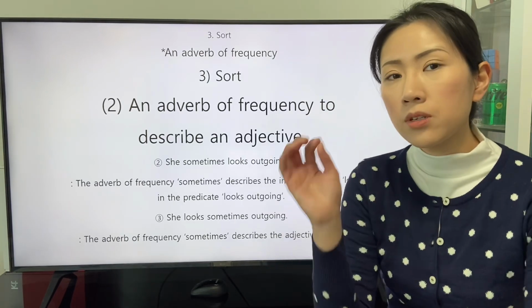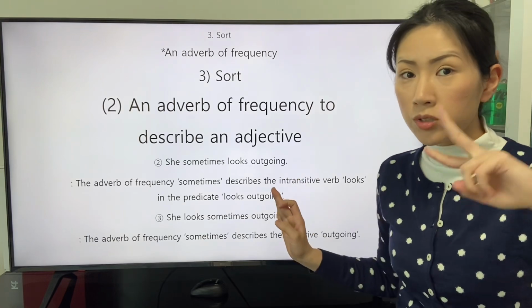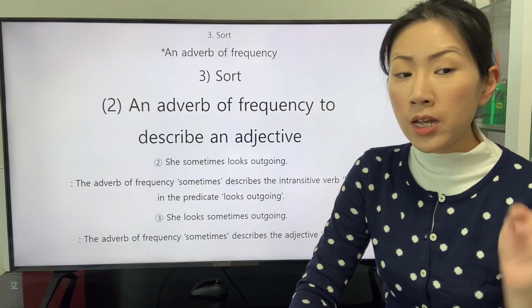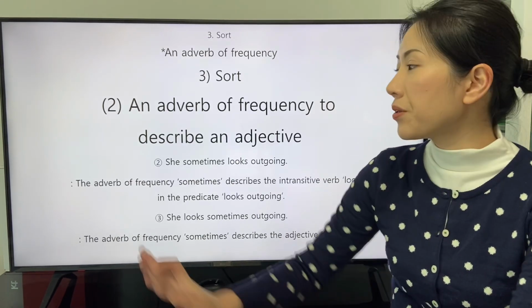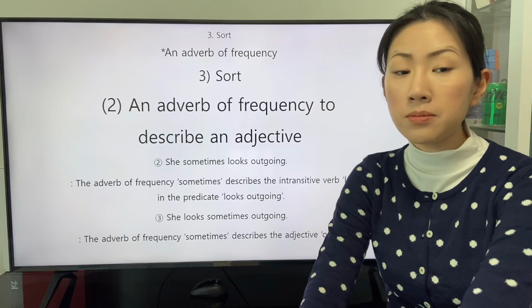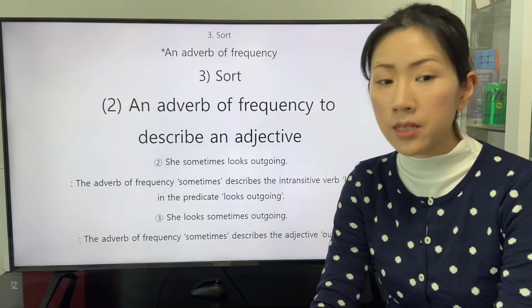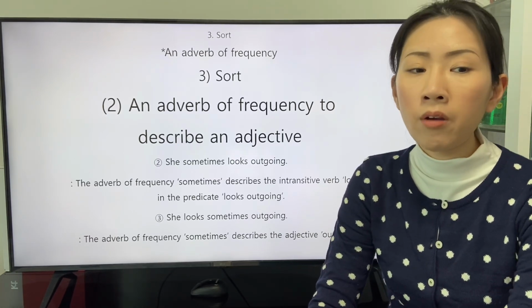Let's figure out the difference between these two clauses. The second clause is this: she sometimes looks outgoing. The adverb of frequency sometimes describes the intransitive verb looks in the predicate looks outgoing.